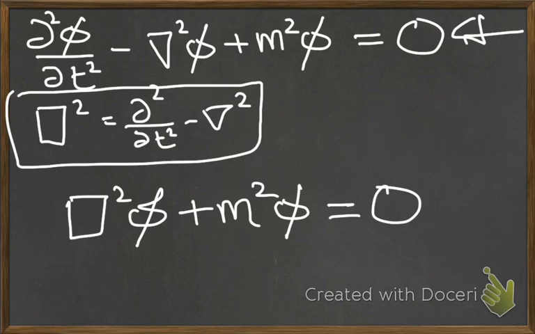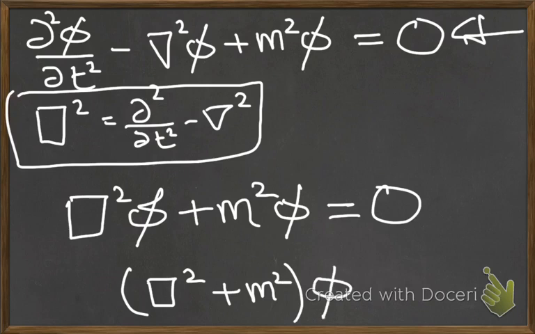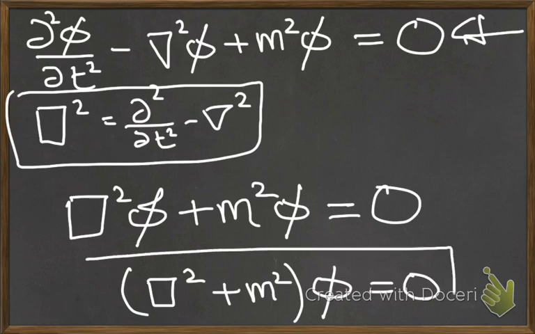And this over here is our Klein-Gordon equation, and it can further be represented as the D'Alembertian plus m squared, acting on phi, is equal to 0. And this over here is our Klein-Gordon wave equation.